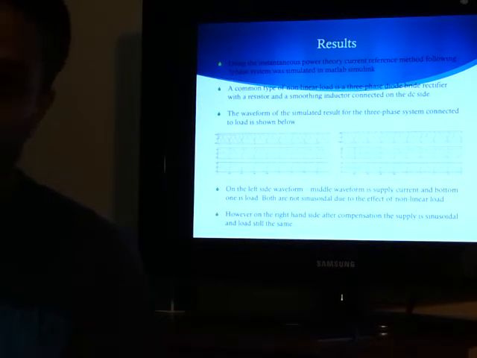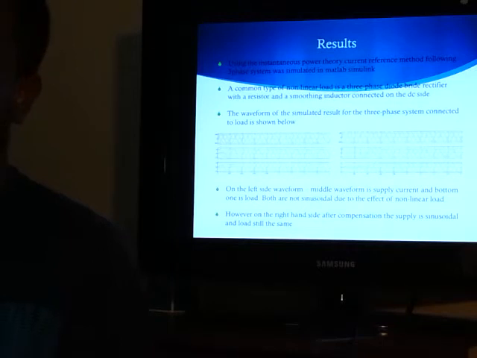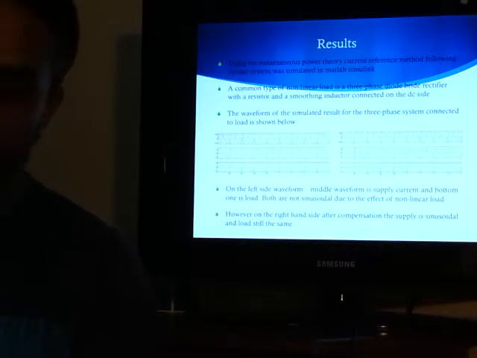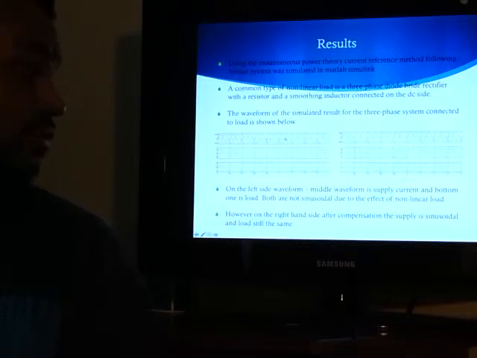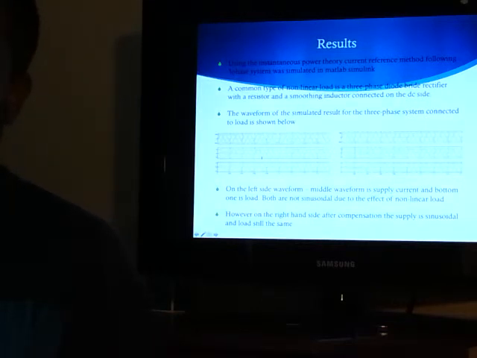In the results, as you can see on the screen, the load that was simulated was a fully controlled rectifier with a 3-phase supply. On the left-hand side, the topmost is the sinusoidal voltage supply, the middle one is the supply current, and the bottom one is the load current.